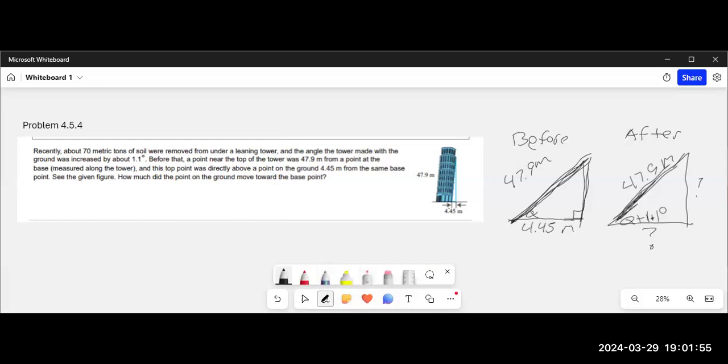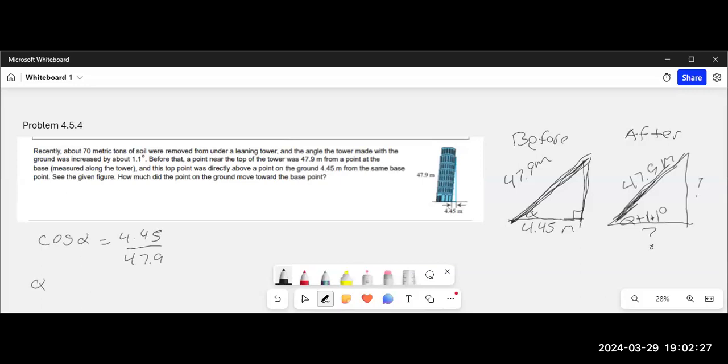All right, let's go ahead and get started here. First, let's use the given lengths with our cosine function to find the angle. Because this is adjacent over hypotenuse, we're going to say that cosine of alpha is equal to 4.45 divided by 47.9.